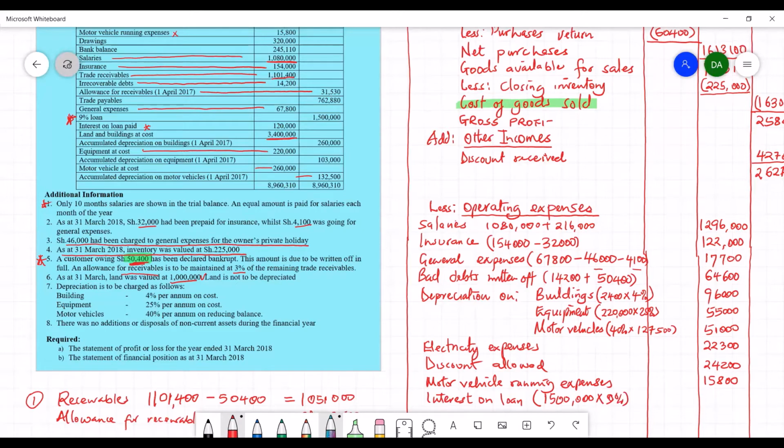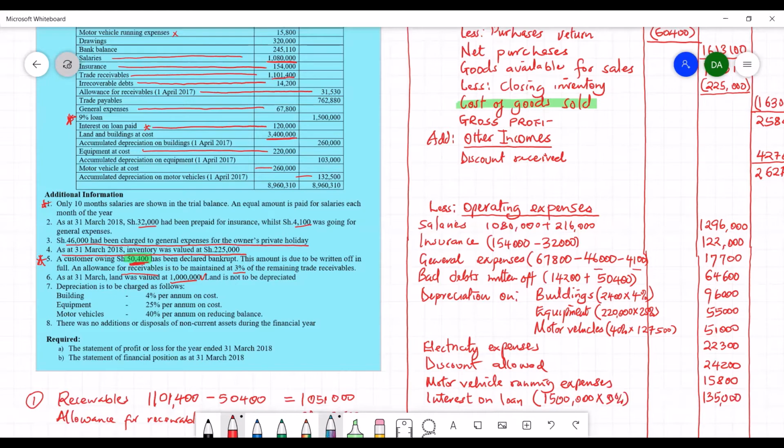So interest on loan is equal to 135,000. If we compare that with what was paid, interest paid here was 120,000. That is to mean 15,000 has not been paid, and that is part of accruals. That is accrued interest, meaning that it should be paid.